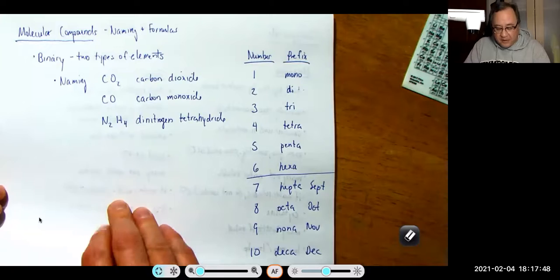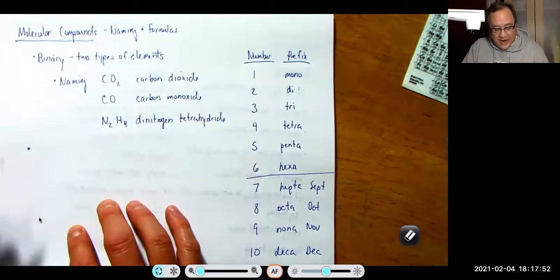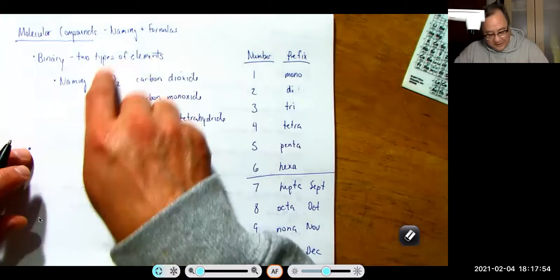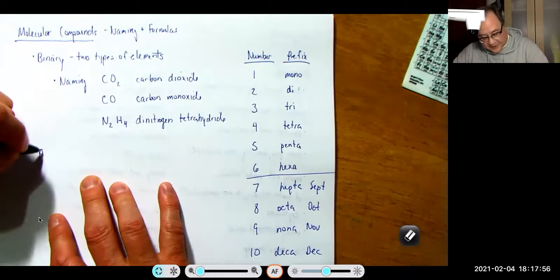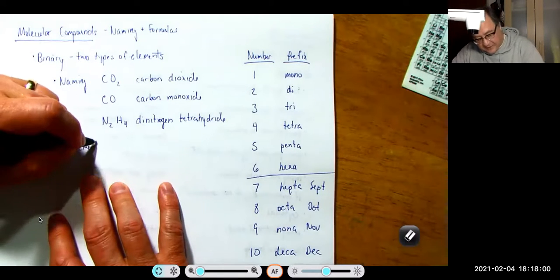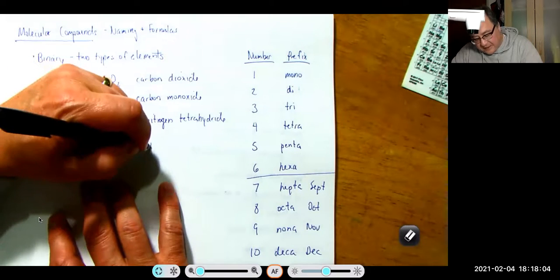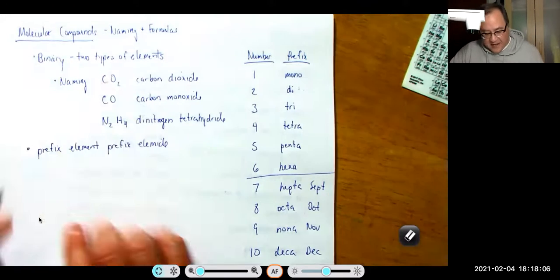So you should be able to go back and forth between these, but now I'm going to give you the ides. Basically, to name these, you use prefix, element, prefix, element-ide.